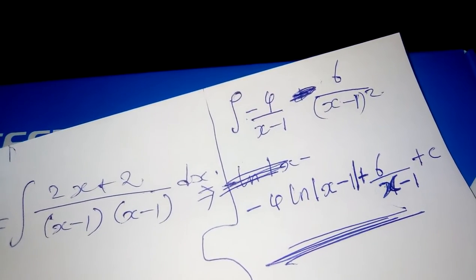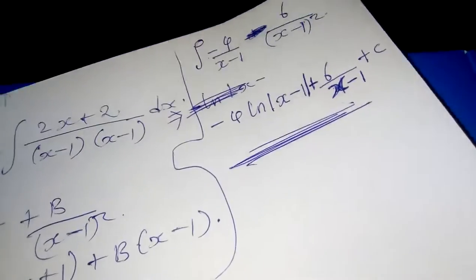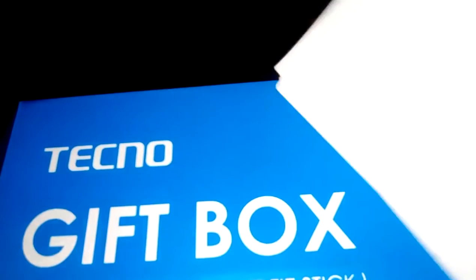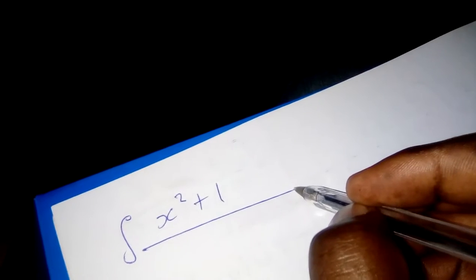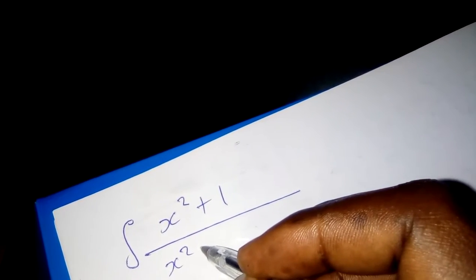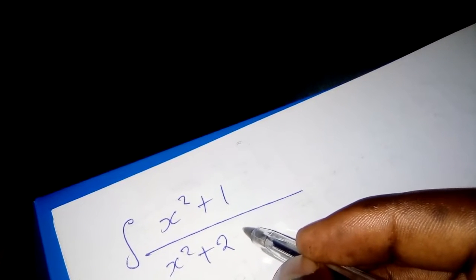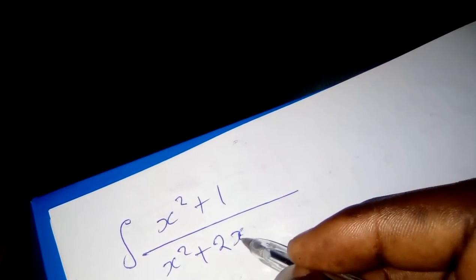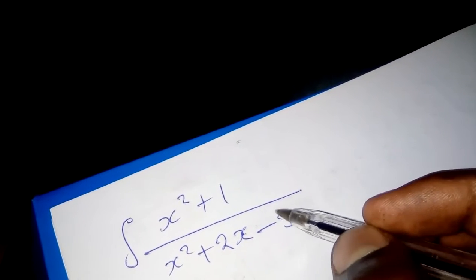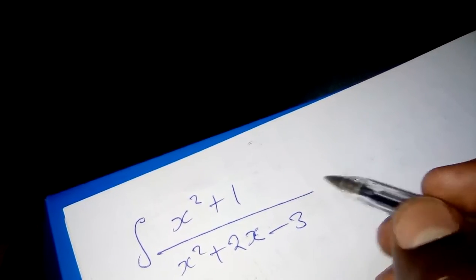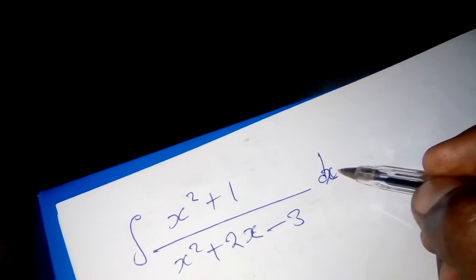We proceed to the second last question there. So the second last question is this, which is x squared plus 1, and then everything divided by x squared plus 2x minus 3, then dx.